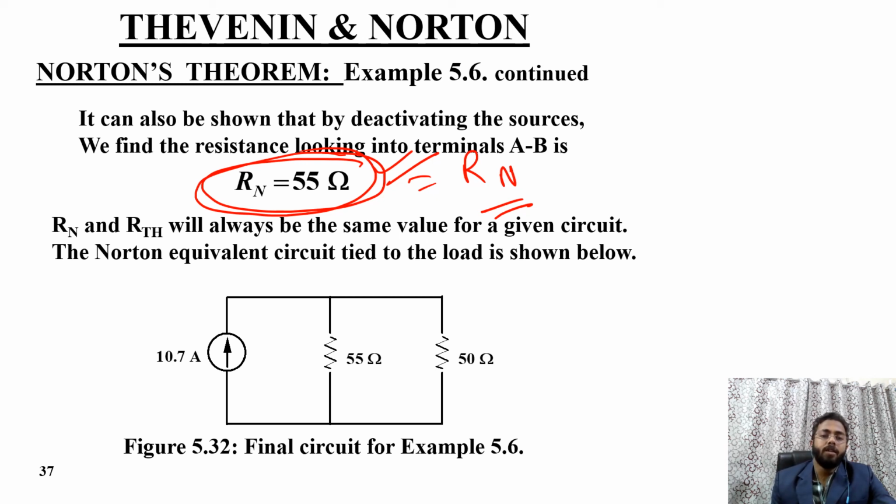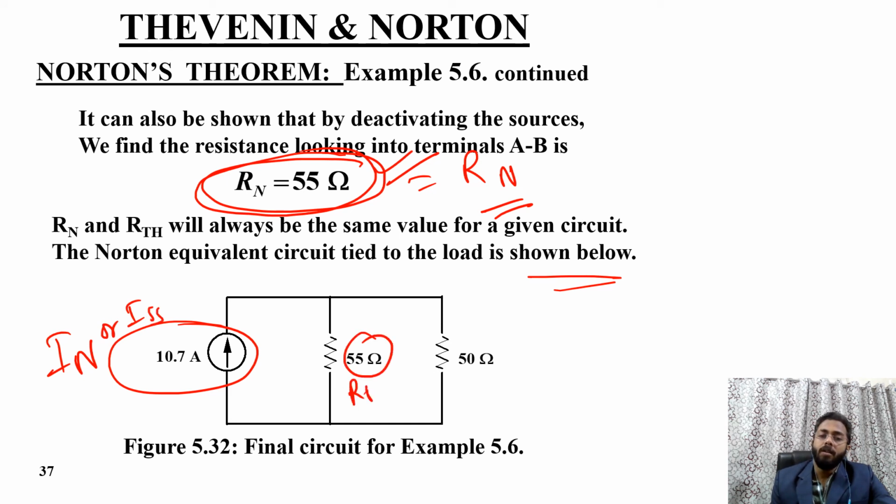The Norton equivalent circuit tied to the load is shown below. Here this is the Norton current I_SC, this is the Norton resistance R_N, and this is the load resistance R_L.